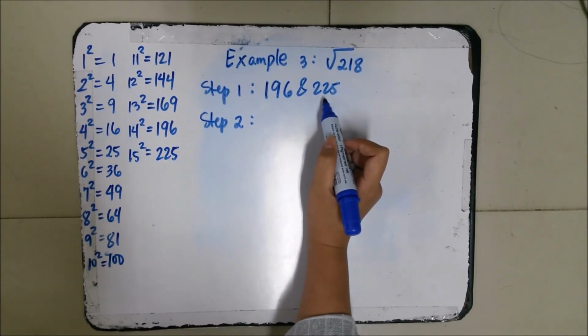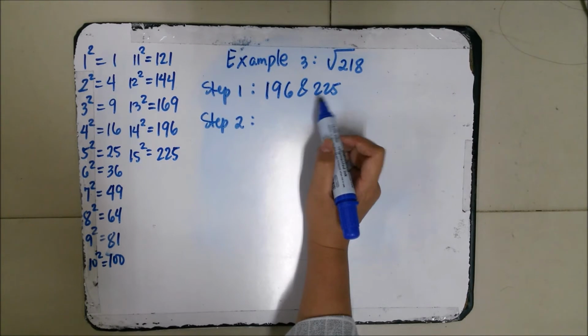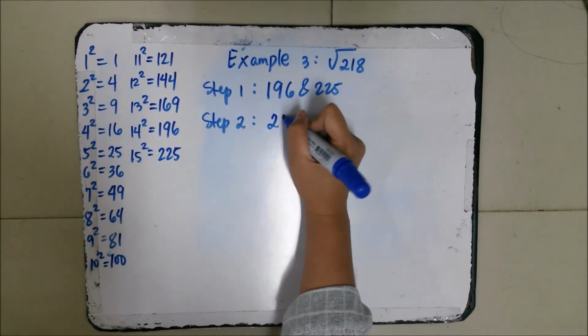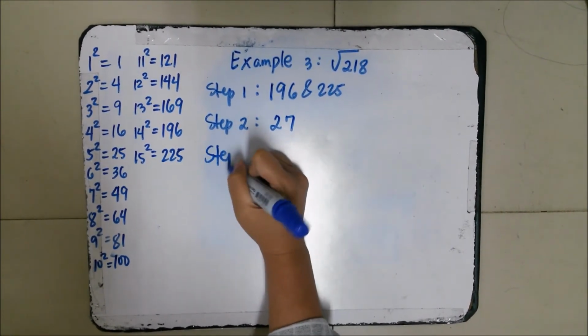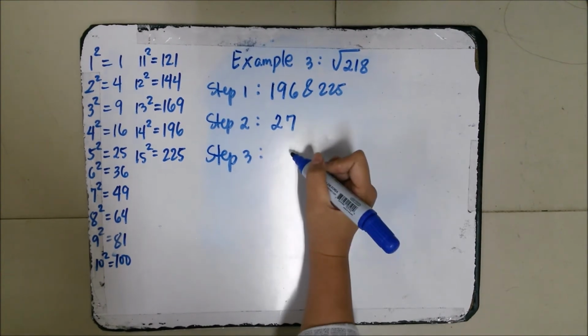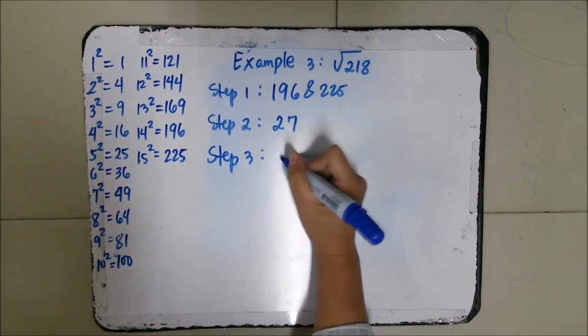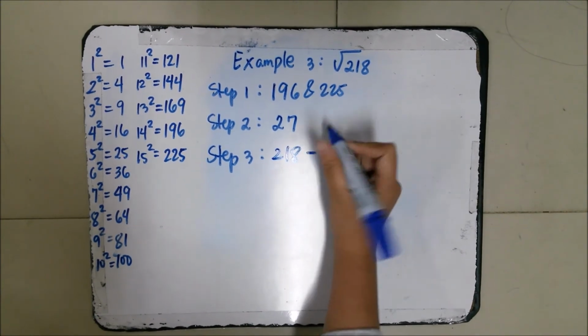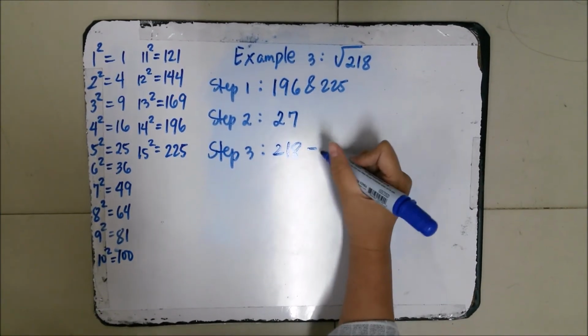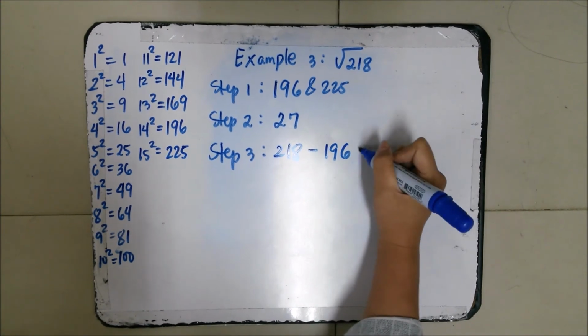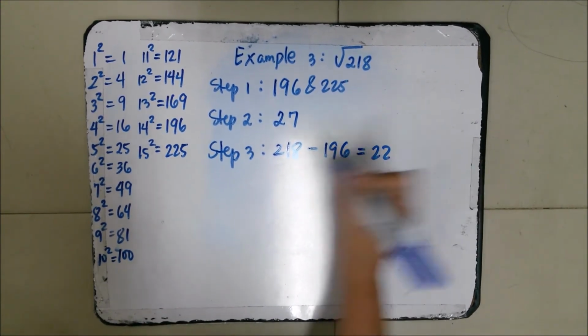The number of integers between 196 and 225 is 27. Step 3 is to find the difference between the smaller perfect square and the given number. The given number is 218, and the smaller perfect square is 196. So our answer is 22.